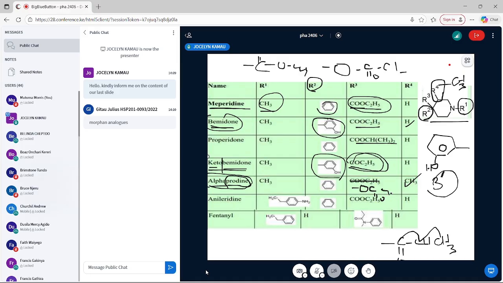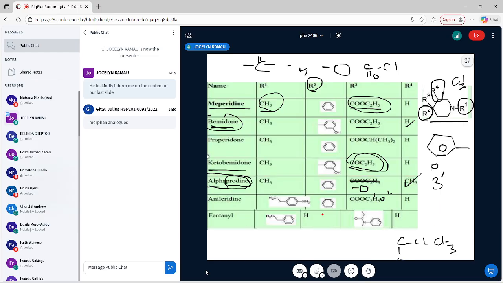Of course, when we come to discuss them, I've mentioned them so that you have an understanding of the same. It's better that you understand as I explain, and then when we come to the notes, it will be easier for us. So those are the 4 phenyl piperidines of interest.